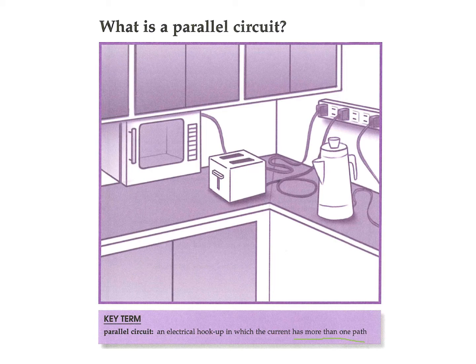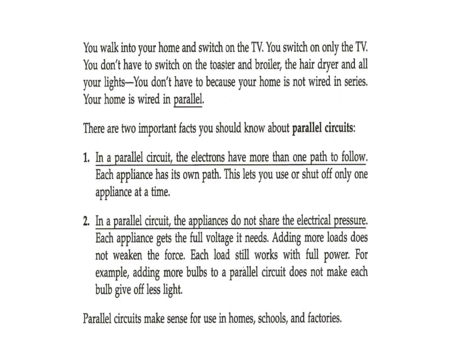What's important about a parallel circuit is that they have more than one path: 2 ways to go back to the battery, 3 ways to go back, 5 ways. And you can use or shut off one appliance at a time.